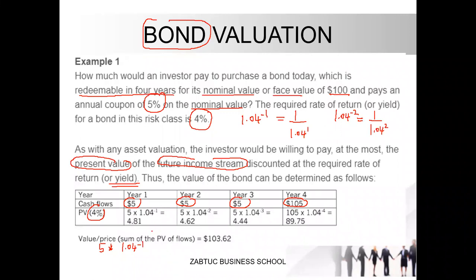I want you to try this on your calculators. Learn something new. The discount factor. Please learn something new. Can you put in your calculators 1.04 to the power minus 1? Check the answer you get.